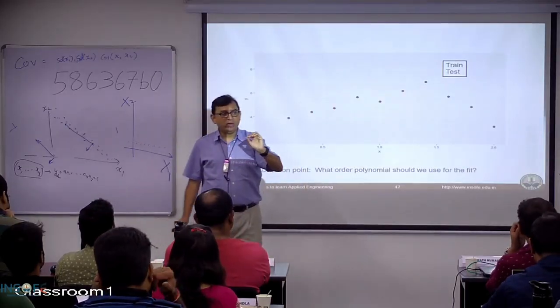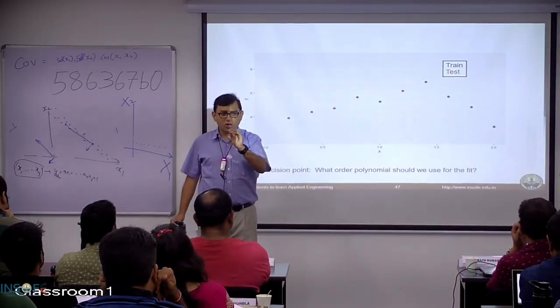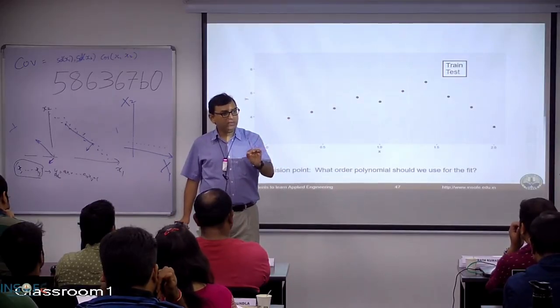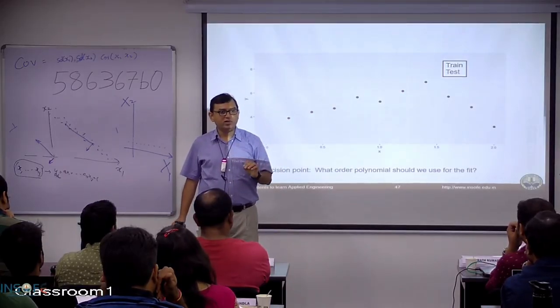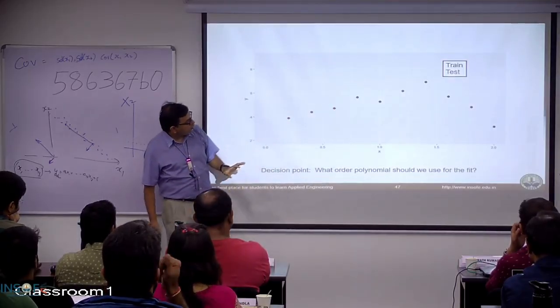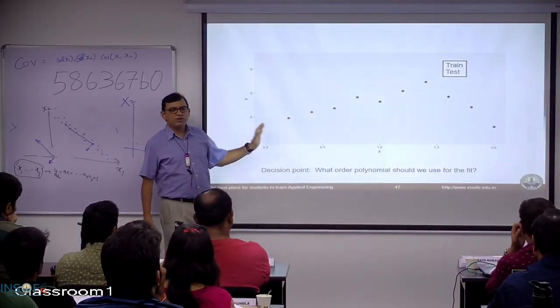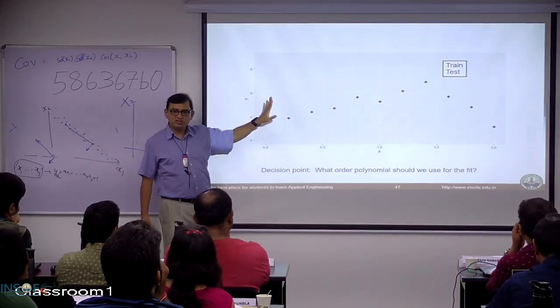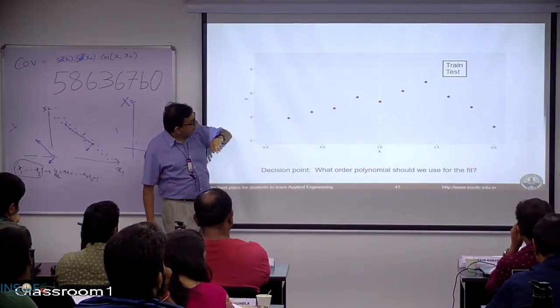I wanted to illustrate this with a concrete example, simple but hopefully concrete. Here's an example I chose. What you see here is simple data that I generated with some noise.